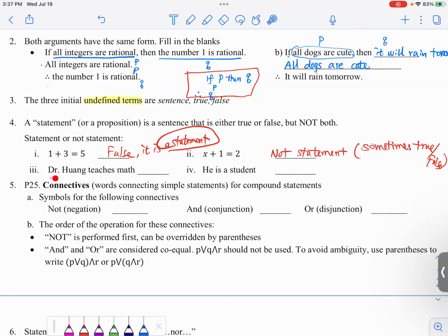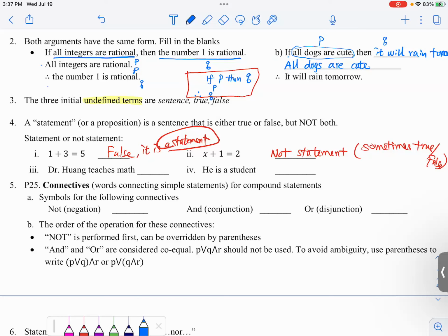Third statement, Dr. Huang teaches math. Well, I have been teaching math all the time. If you want to argue that this is a computer science course, but actually the title of the book is Discrete Math, it's considered a math course sometimes. So I'll say this is true.